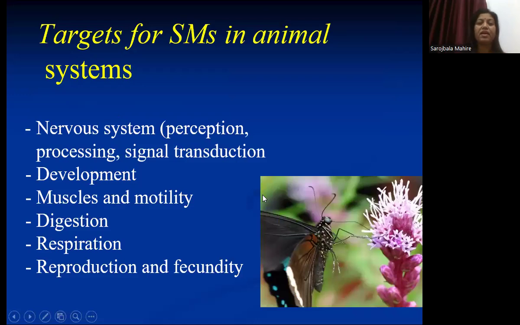Are there targets for secondary metabolites in the animal system? Secondary metabolites can attach to different organs and different systems of the animal. First is the nervous system, here the nervous system of the insects or animals.